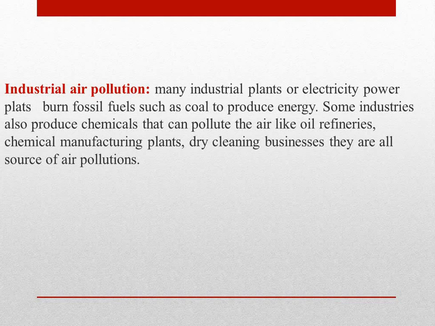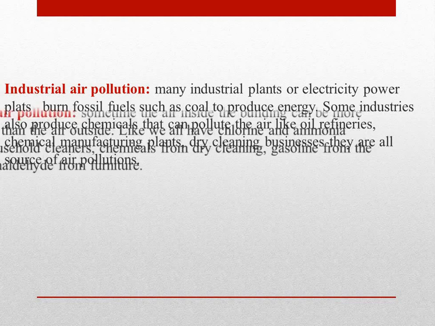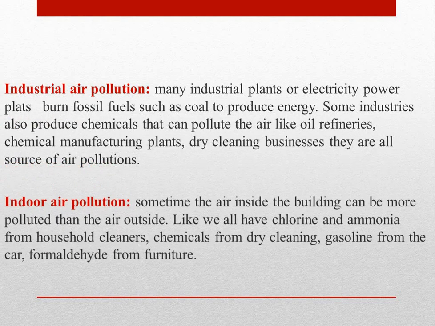They are all sources of air pollution. Indoor air pollution. Sometimes the air inside a building can be more polluted than the air outside. Like chlorine and ammonia from household cleaners, chemicals from dry cleaning, gasoline from the car, and formaldehyde from furniture.